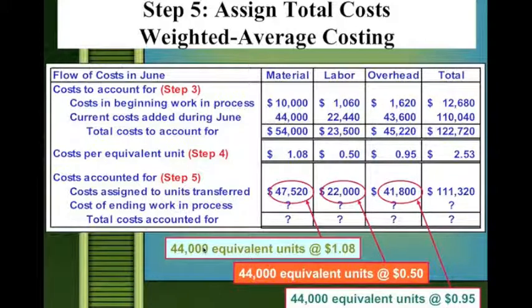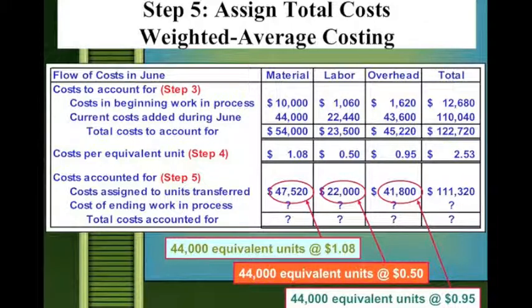This is just what was transferred out, the 44,000 units. And how much dollar value can I assign to that? Well, I just multiplied by the cost per equivalent unit for materials. So I have 44,000 equivalent units. I know it's $1.08, so I multiply it out.